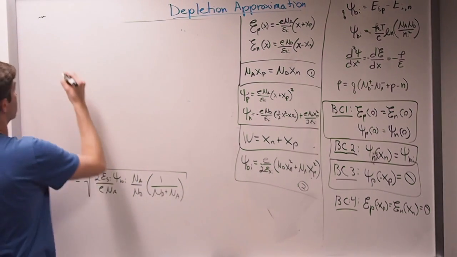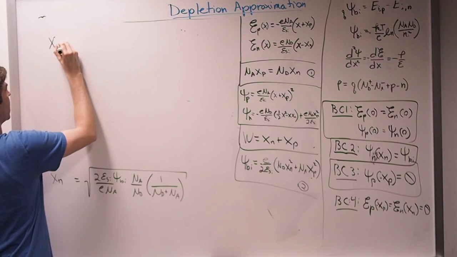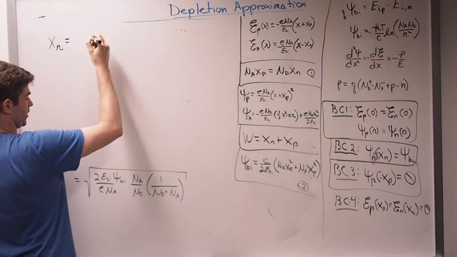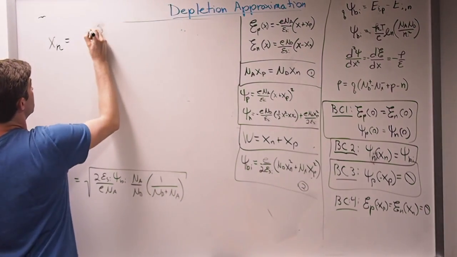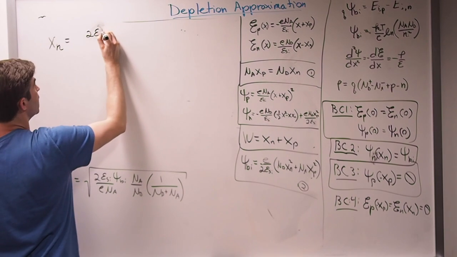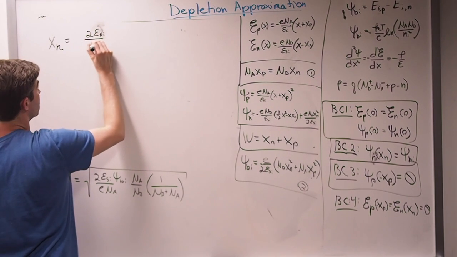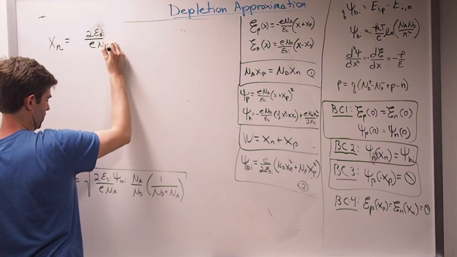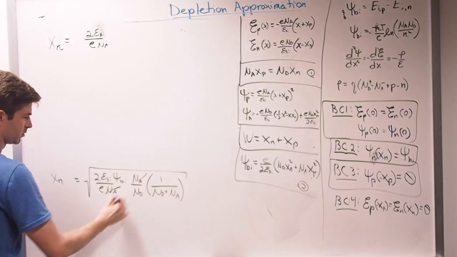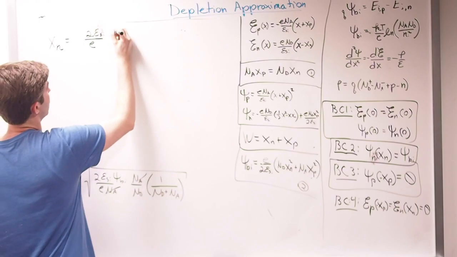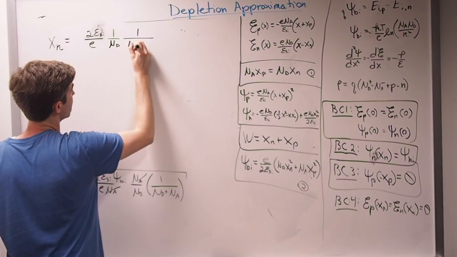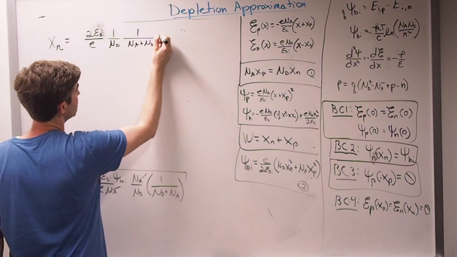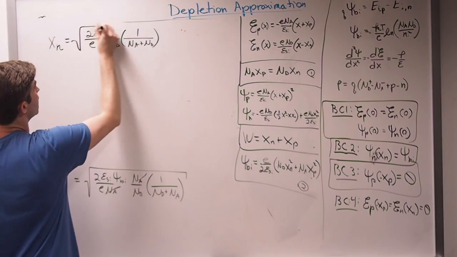Leave this up here. x_n is equal to the square root of 2ε_Si over e N_A. Oh, well, N_A's cancel out. 1 over N_D, 1 over N_A plus N_D, quantity square rooted.